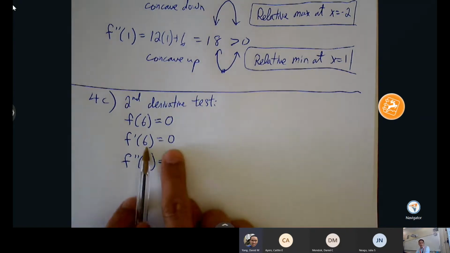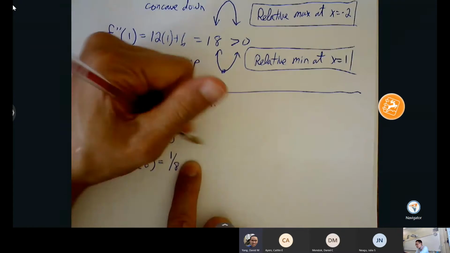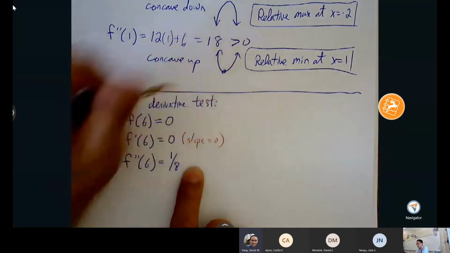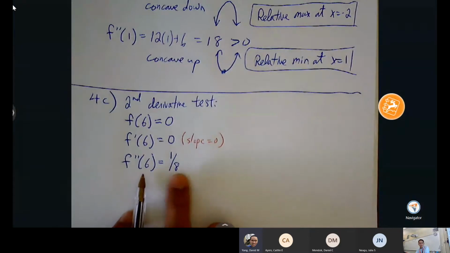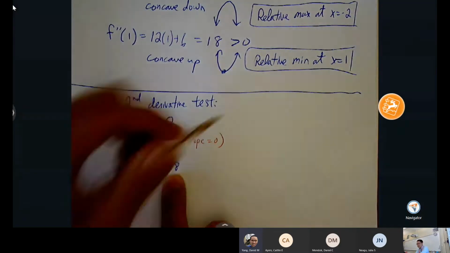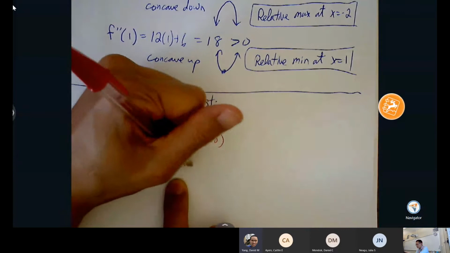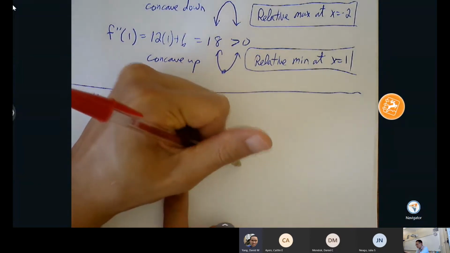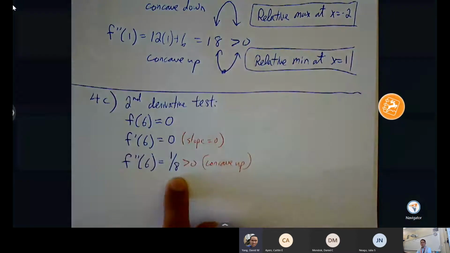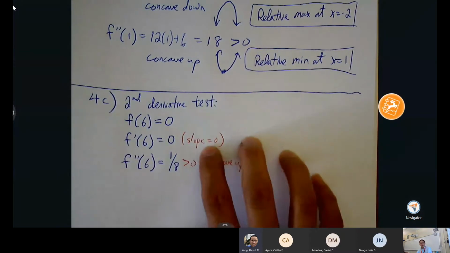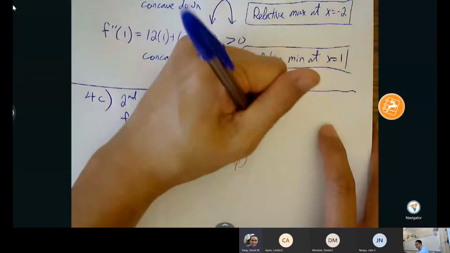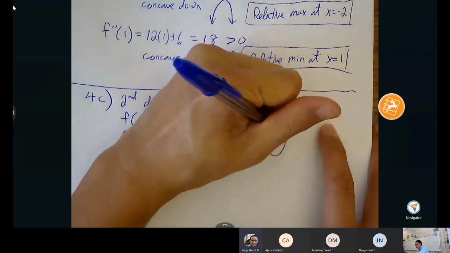So this is telling us that we have a slope 0, right? This is telling us that we have concave up because it's positive. So the only way that a graph can look if it's 0 slope and concave up is if our graph looks like this.